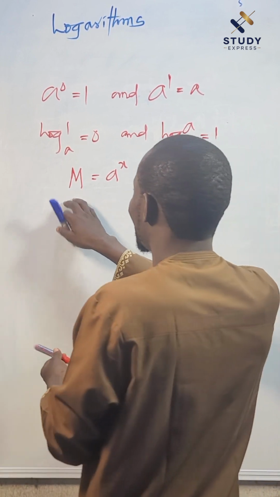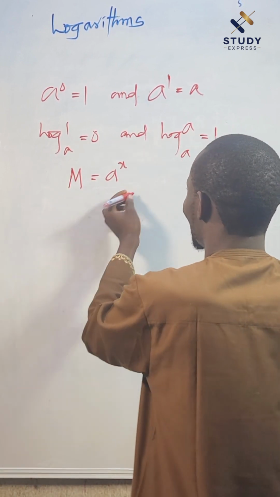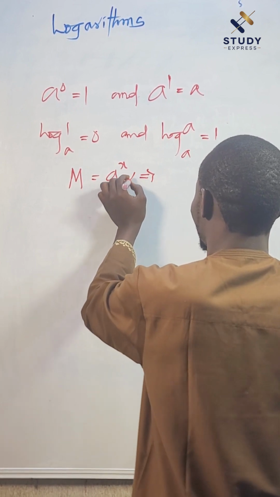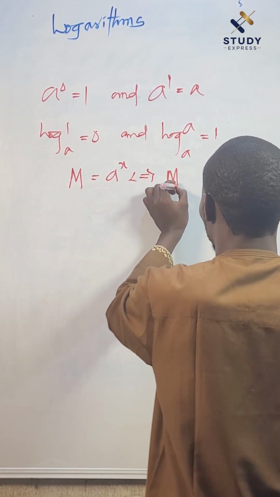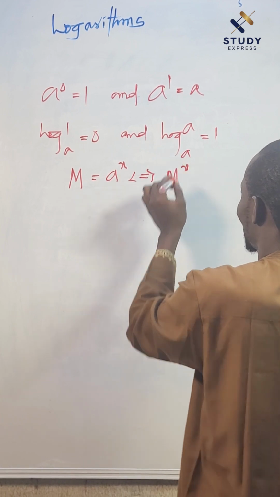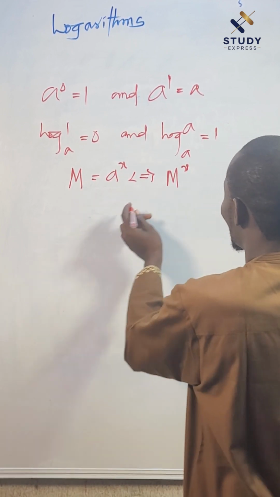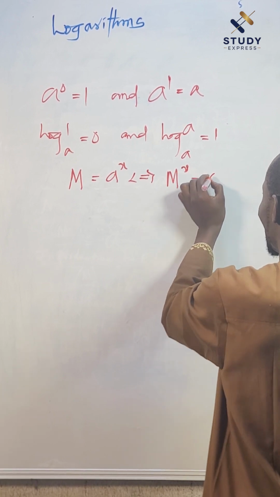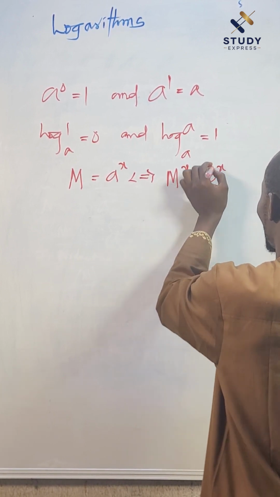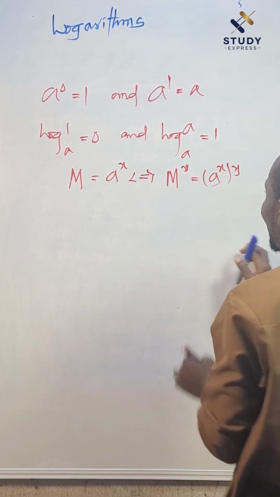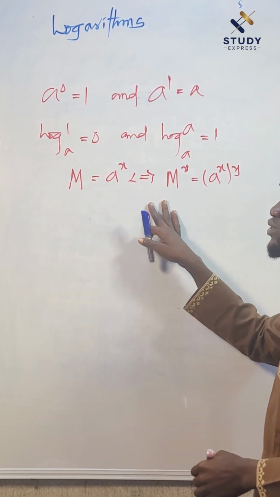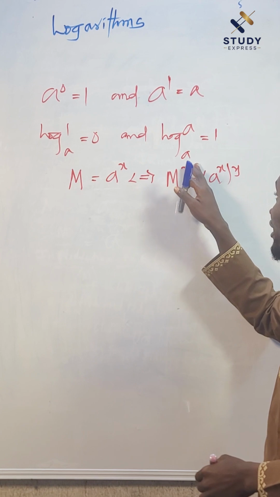Meaning, let's try to express m to a power of y. What is the index of m? a raised to power x. So this becomes a raised to power x, raised to power y. I think this is very clear. m is equal to a raised to power x. This is also similar to what we have here, m raised to power y.